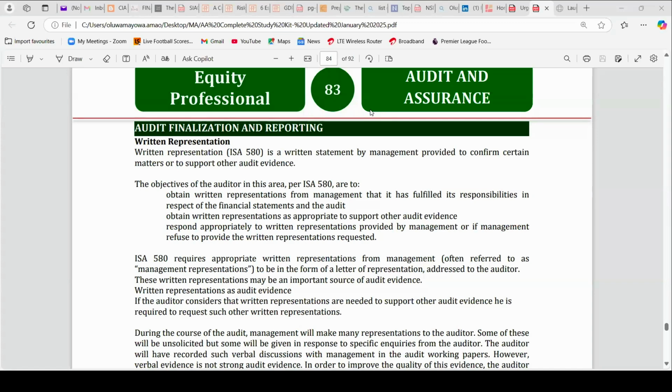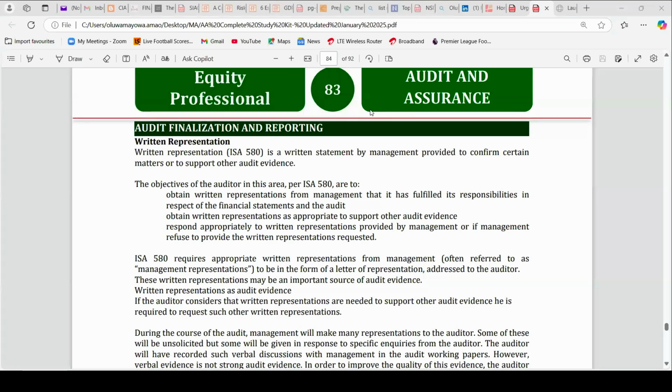You must have considered which of the two is lower. Is it NRV or cost? So if NRV is lower, you value it at NRV, and if cost is lower, you value at cost. But in this case, just a hypothetical case, management has valued inventory at cost and without consideration for NRV. And they just say, we value our inventory at cost, and they provide that written representation.